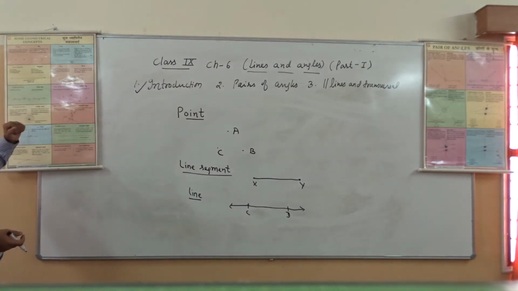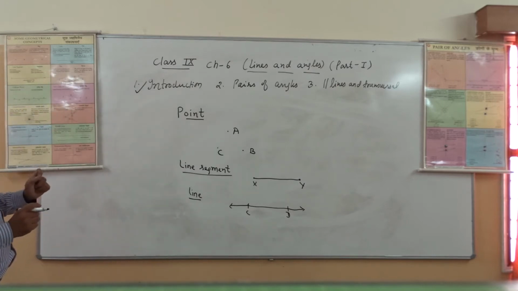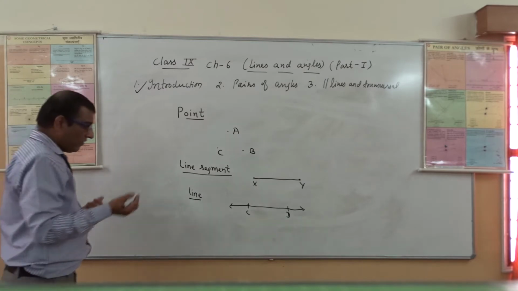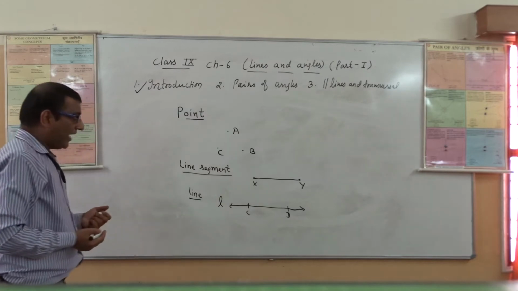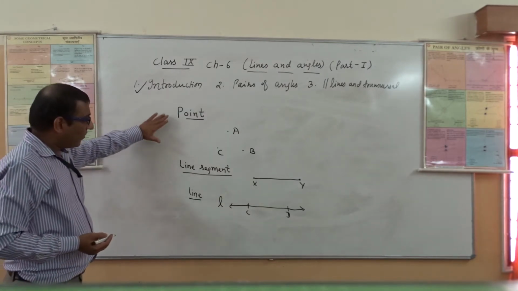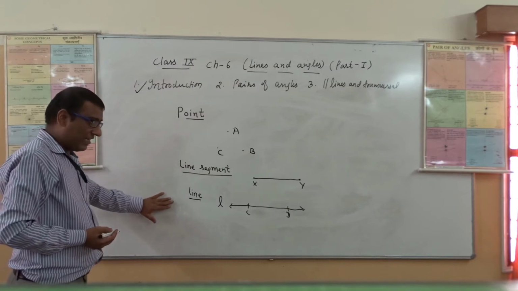As you see here, it is written: a set of continuous points which extends indefinitely. It has only length, no width and no endpoints, and it is represented by small letters. We will represent the line by any small letter, it may be l, m or n. So this is the difference between point, line segment and line.